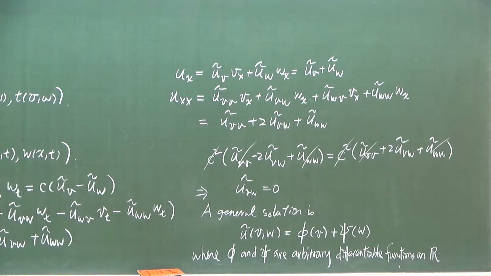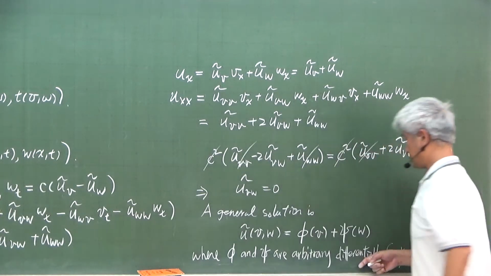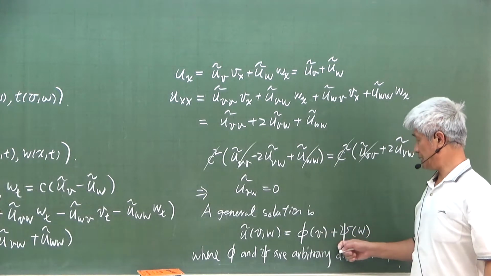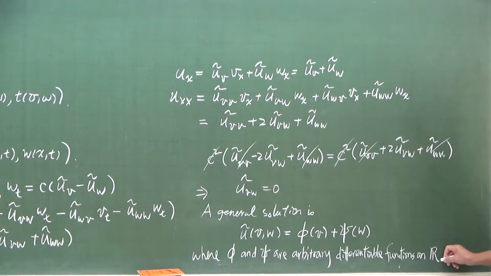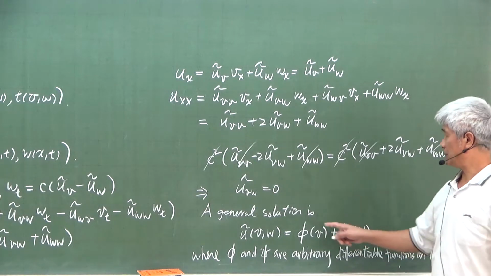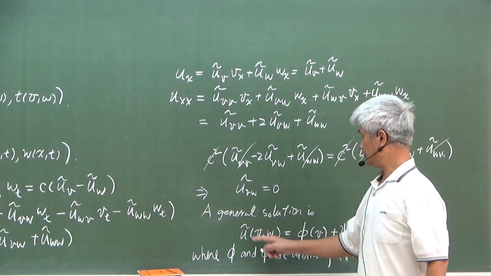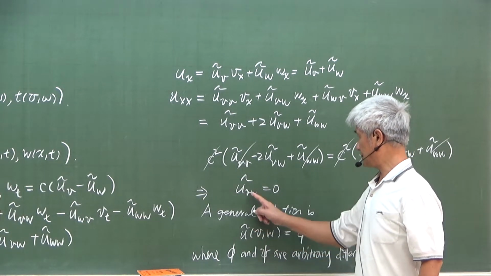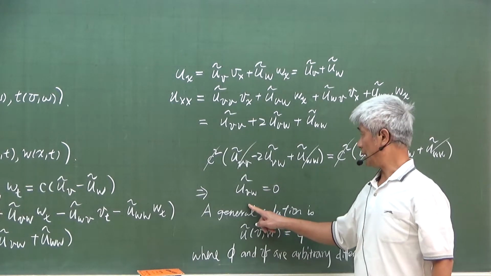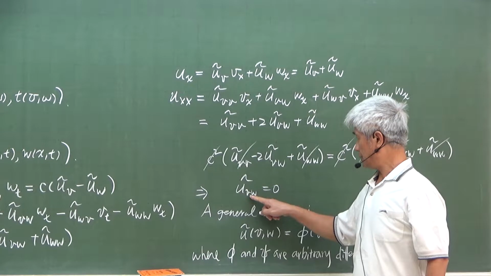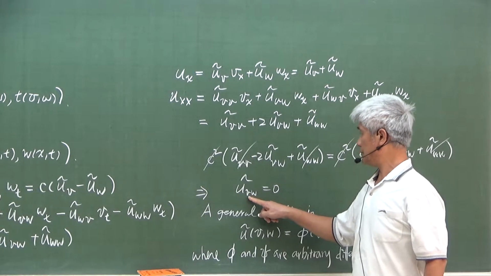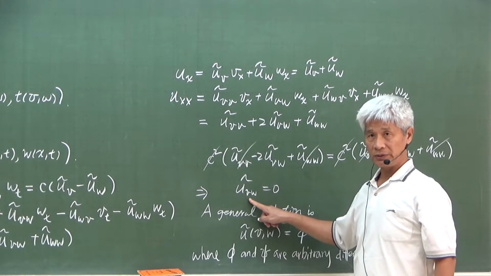Can be any real numbers. So for this reason, we ask phi and psi to be arbitrary functions on R. And it is differentiable because we have to make sure that this has the mixed second order partial derivatives.